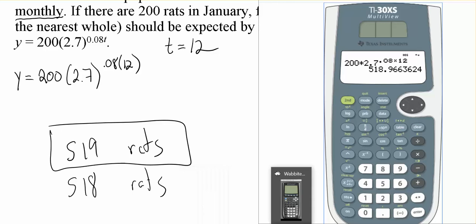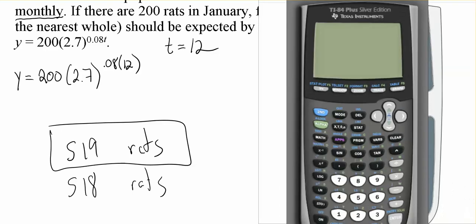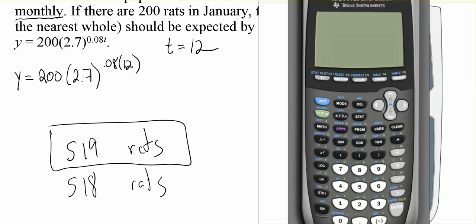Now, I do want to point out what happens if we're using the graphing calculator or any other similar calculator. Let me get it a little bit better on the screen. If we want to type this in, we have 200 times 2.7 to the power of, and this calculator is doing the power in the same way.